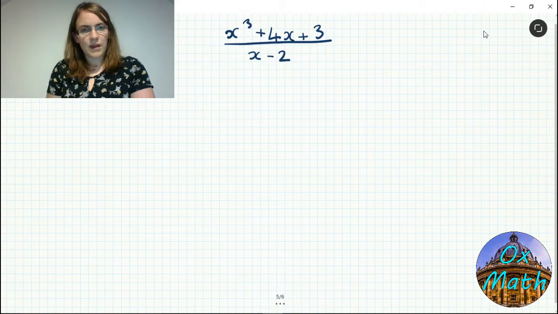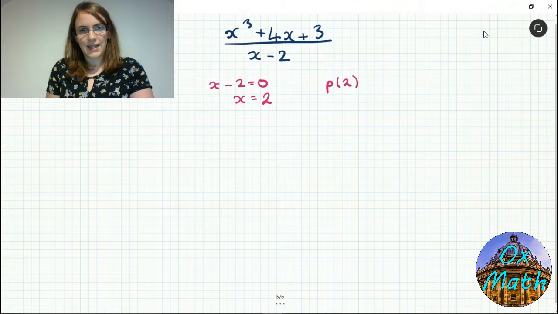So let's have a look at how we can use the remainder theorem to find the remainder without having to do polynomial division. So I'm dividing by x minus 2 here, and I know that if I make my divisor equal to 0, so if x equals 2, then the polynomial with 2 plugged in, so the top, the numerator, will equal my remainder.